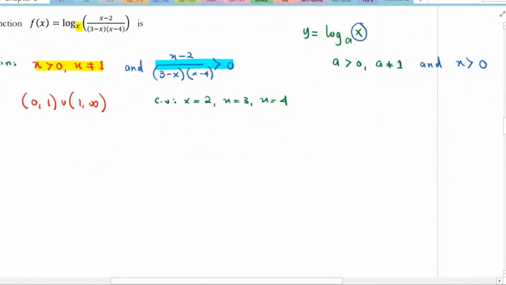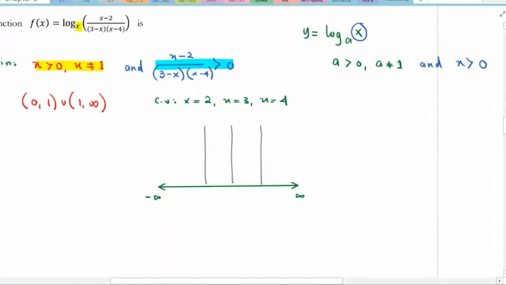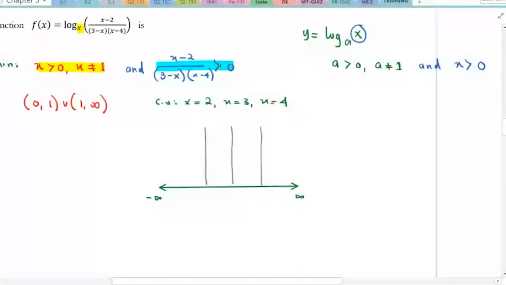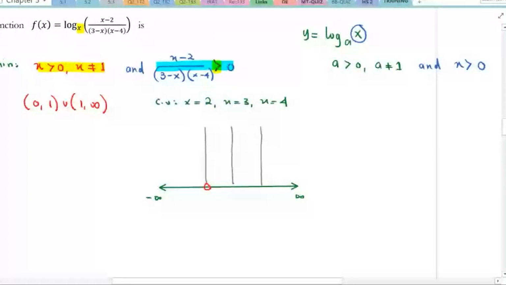Now, we are going to draw a real number line, from minus infinity to infinity. Now, we have 3 critical values, so let us represent each of the critical values, gentlemen. Because we have strictly greater than, each interval is going to be an open interval.